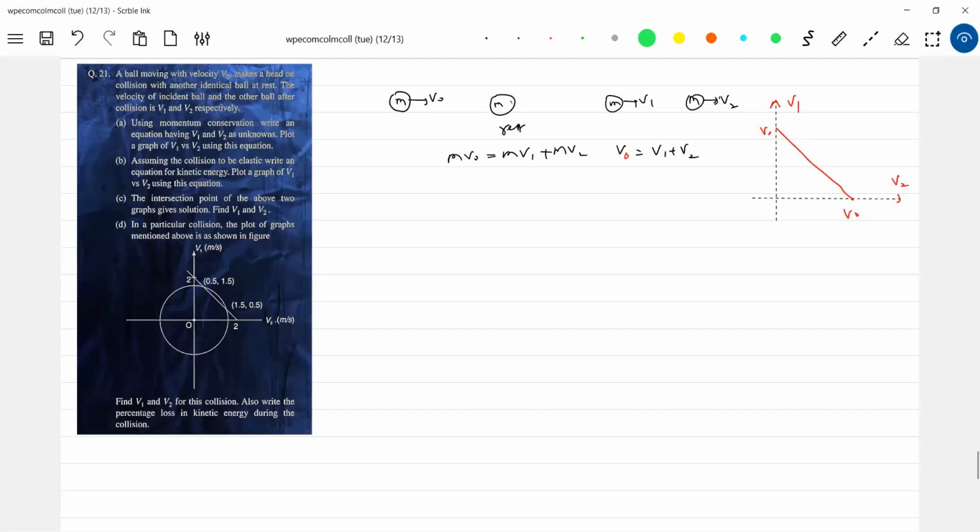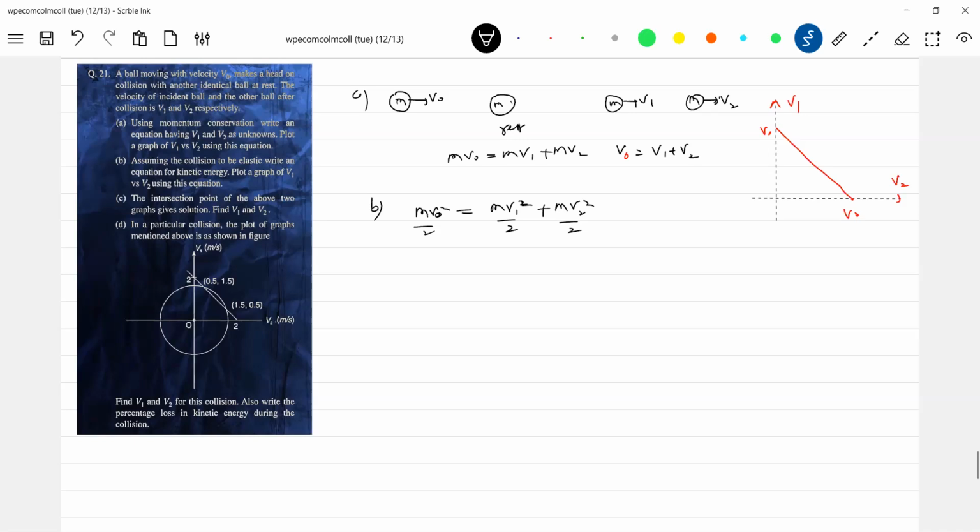Then, assuming the collision to be elastic, write an equation for kinetic energy. Plot a graph of v1 versus v2 using this equation. mv1 square by 2 plus mv2 square by 2.